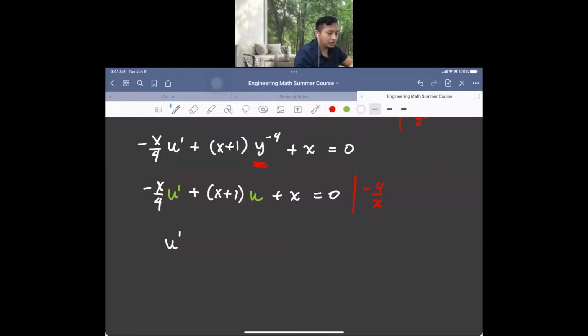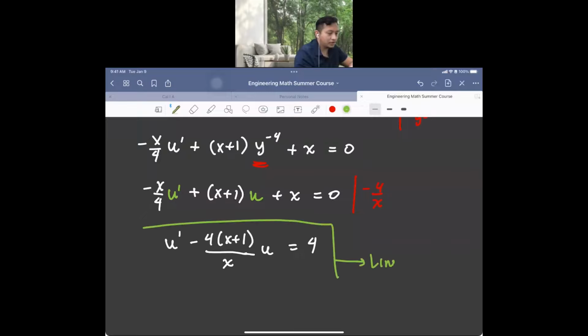So u prime plus negative 4 times (x plus 1) over x times u equals 4. Now instead of separable, we have a linear differential equation.